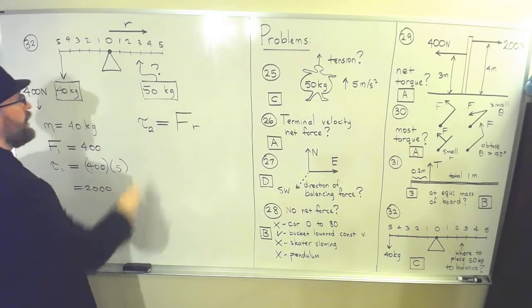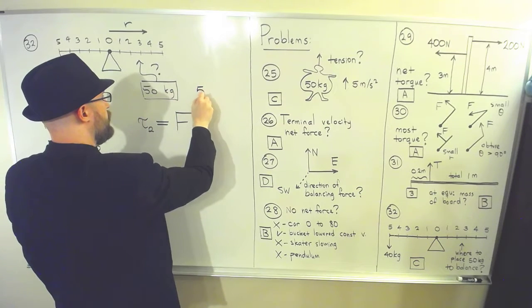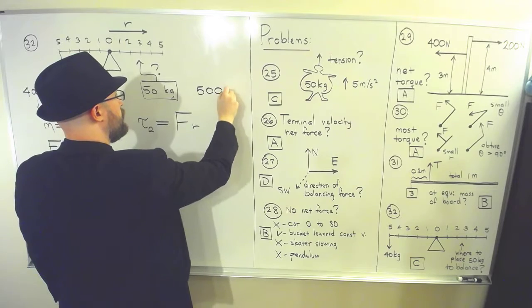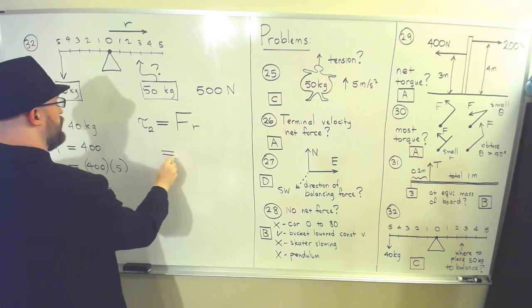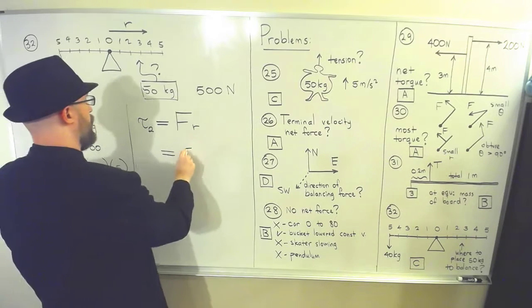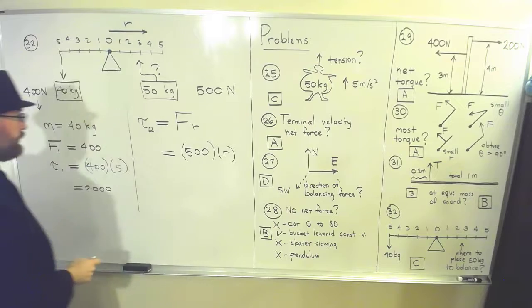It's FR. Now, because there's 50 kilograms here, we know that force is 500 newtons. And so this is 500 times R. R is what we're solving for.